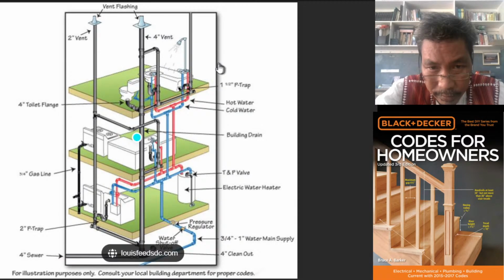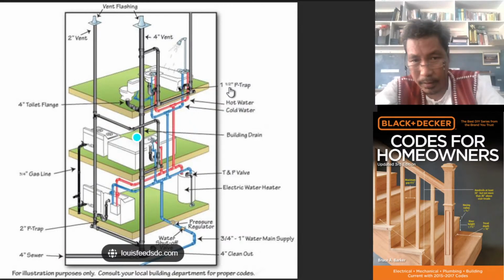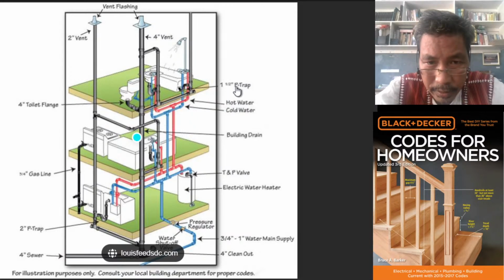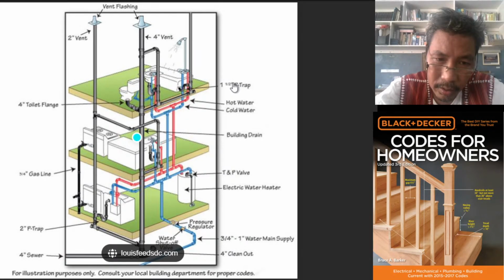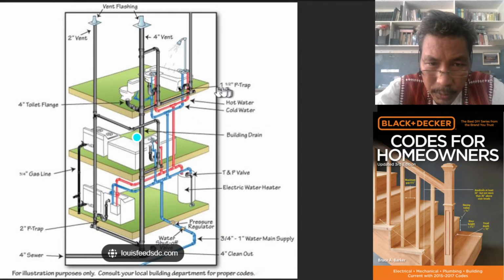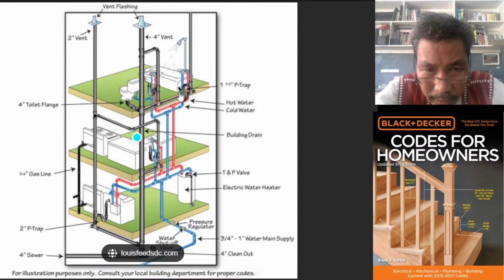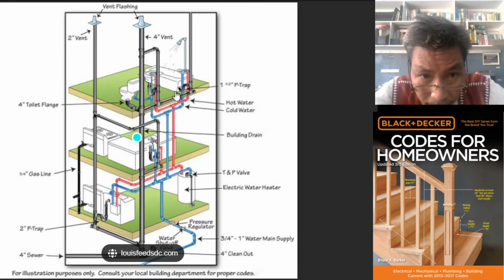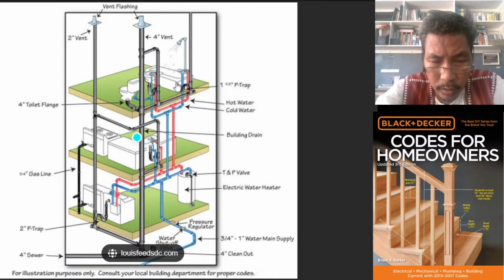On the other side, on the left side, from top, 1.5 inch P-trap. So we have 2 inches P-trap here, and we have 1.5 inch P-trap here. What is this P-trap for? For the bathtub.